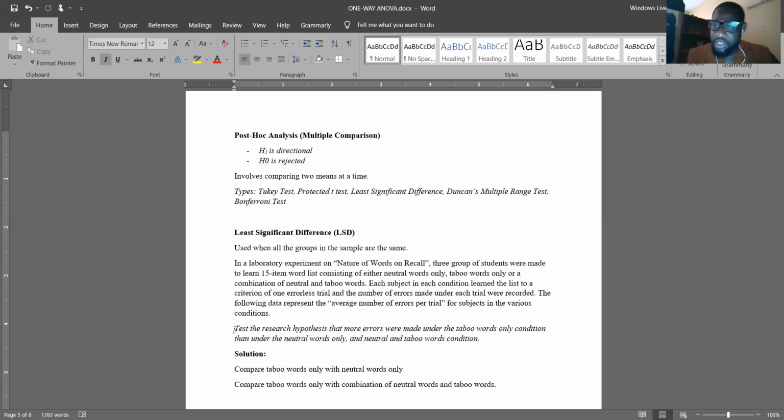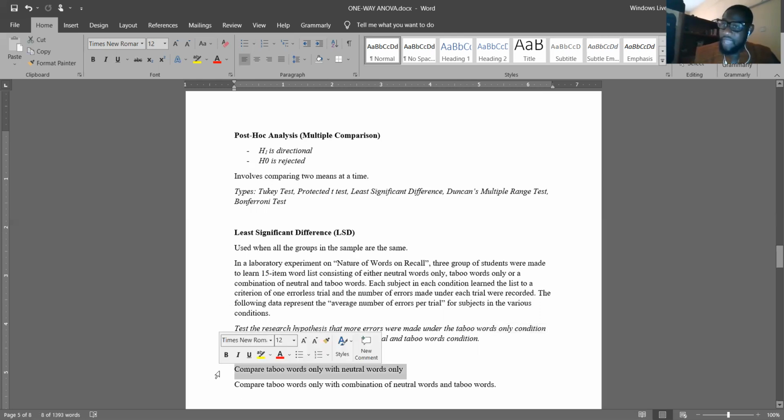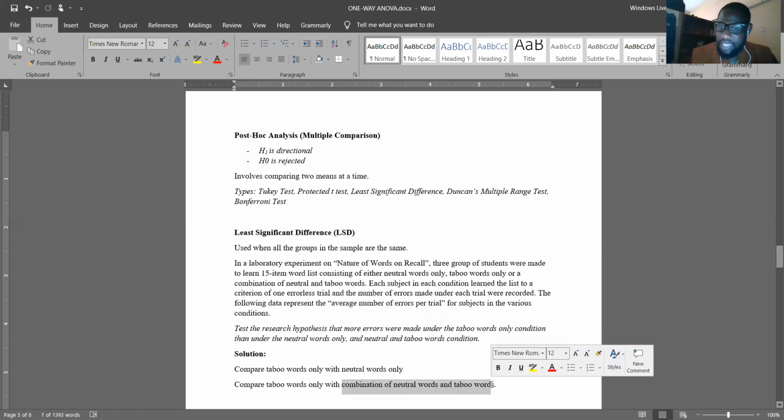So when you deduce this hypothesis, what it implies is that they compared taboo words only with neutral words only. And you are saying that when you compare taboo words only with neutral words only, taboo words only would commit more errors than neutral words only. And then again, when you compare taboo words only with participants in both neutral and taboo words, those in taboo words only will commit more errors than participants in both neutral and taboo words.